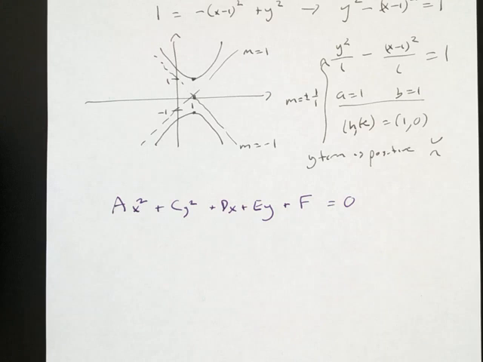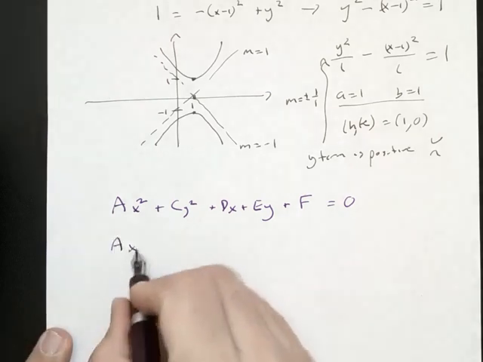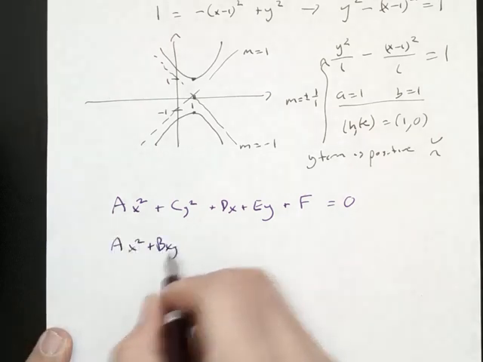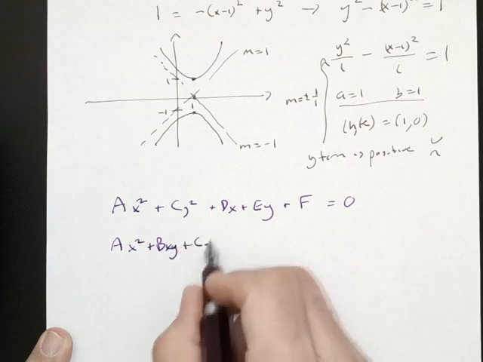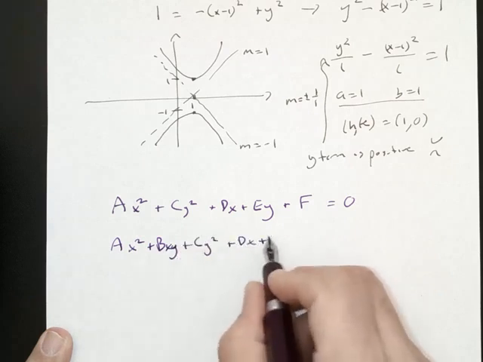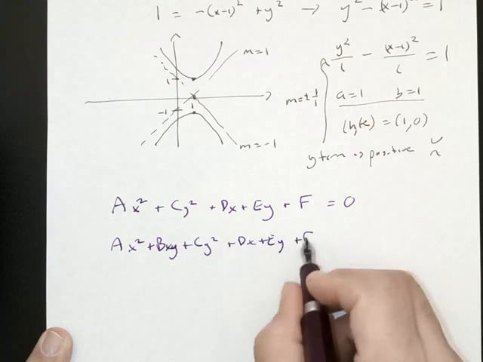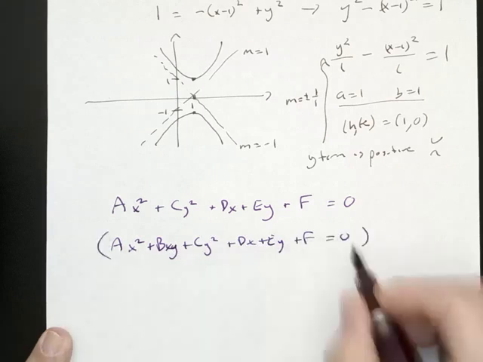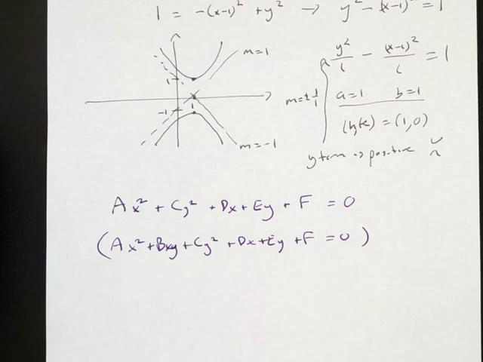If it's turned or twisted, like we were doing with our rotations, then I get something that looks like this. But since we weren't doing the rotated version, I was leaving out the B term.